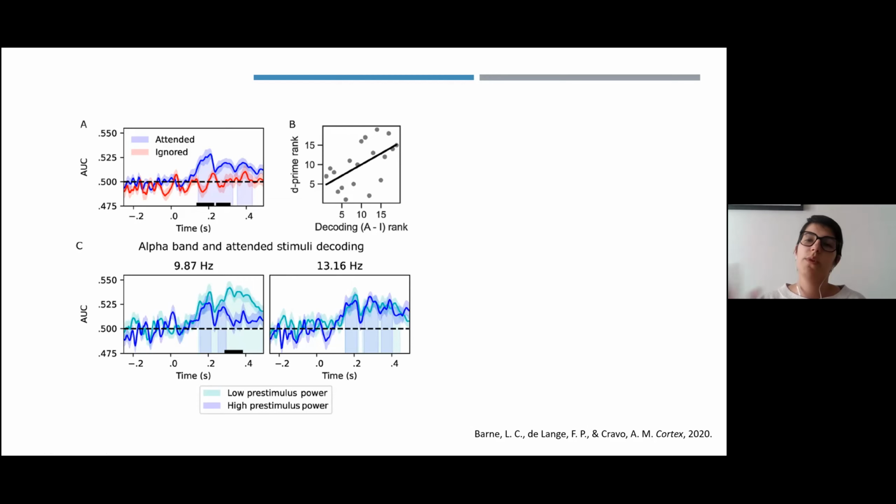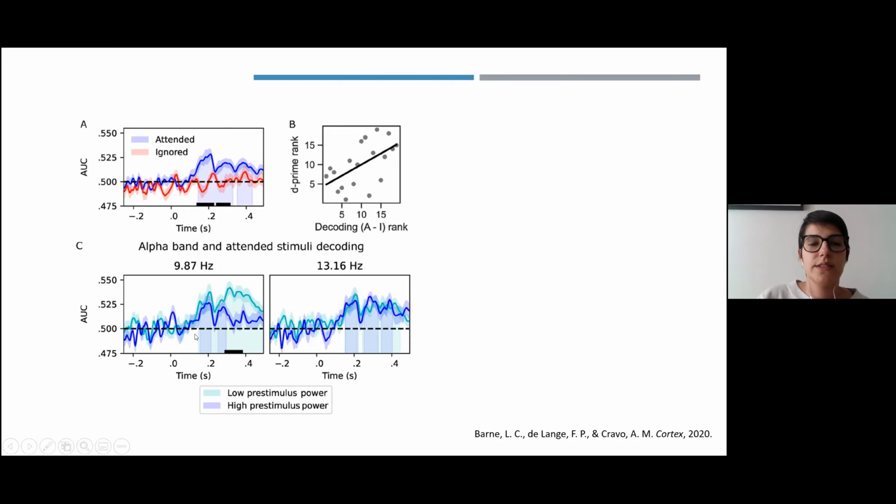So you can see, here we divided the trials in two. We did a median split with trials with high and low prestimulus alpha power, and we did the decoding in the same way.